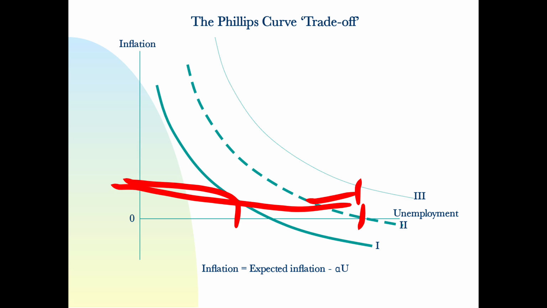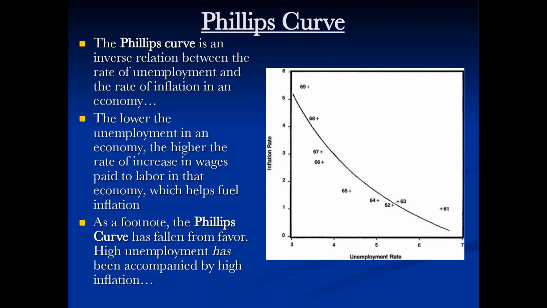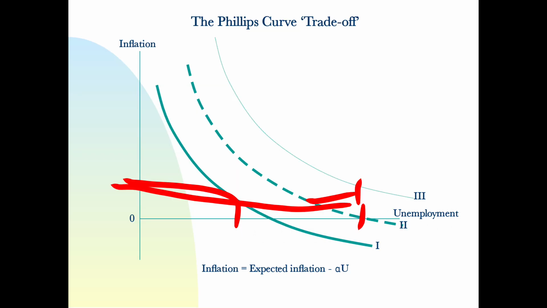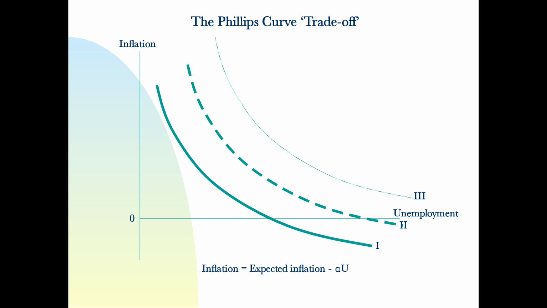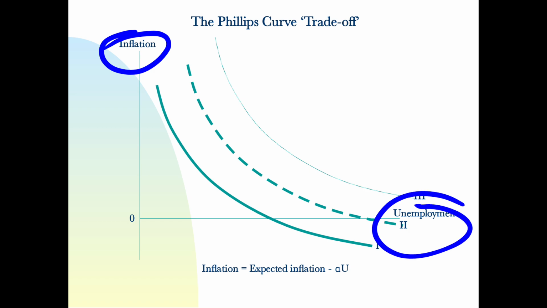Here I have it already, sorry. This is the curve of Phillips. So here, the short run Phillips curve is an inverse and non-linear relationship between these two variables, the inflation rate and the unemployment rate.